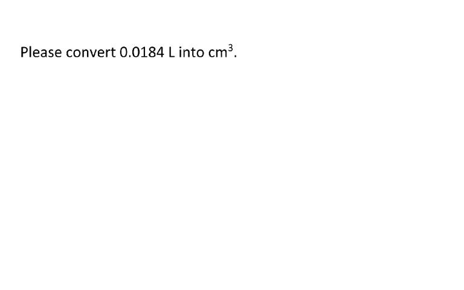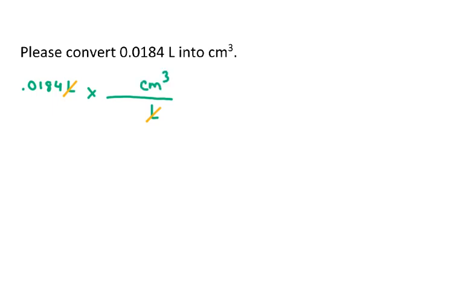Let's try another problem where we convert 0.0184 liters into centimeters cubed. We start by writing 0.0184 liters on the far left. Then we multiply by a conversion factor that has liters in the denominator. This is so that the unit liters crosses out when we divide liters by liters.